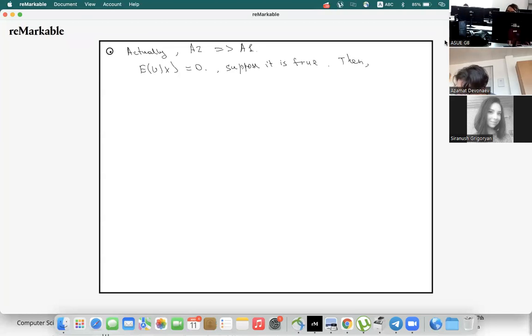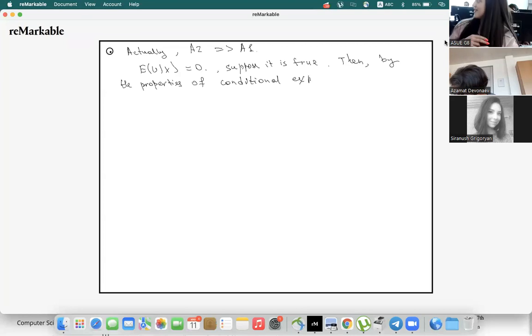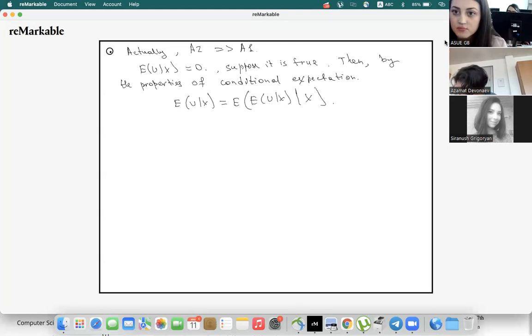Then, by the properties of conditional expectation, the expectation of U given X is equal to the expectation of the expectation of U given X, given X. If you know the law of iterated expectations, let me write it this way.